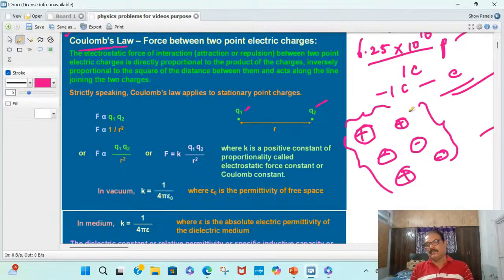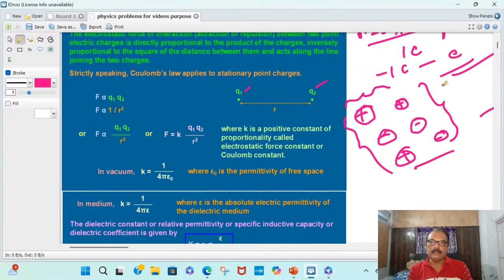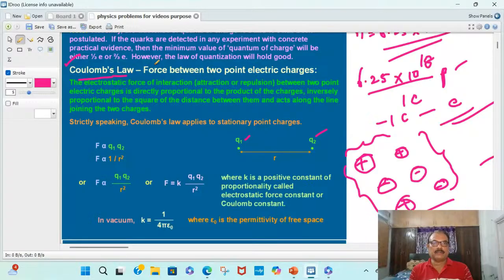So you see what is actually happening here, right? This much we know, but Coulomb gave one mathematical expression that is called Coulomb's law. Coulomb's law is very simple to remember.